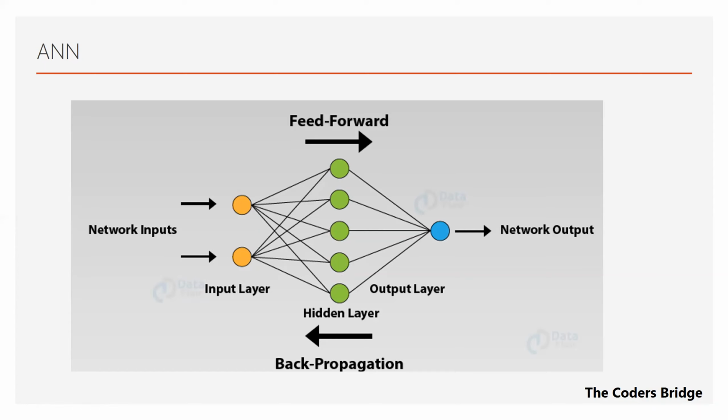As per the artificial neural network architecture, the inputs and the network output will be separated by hidden layers. It's not mandatory to have only this many hidden layers; we can have one hidden layer, two hidden layers, or seven hidden layers. Hidden layers are a kind of hyperparameter tuning.